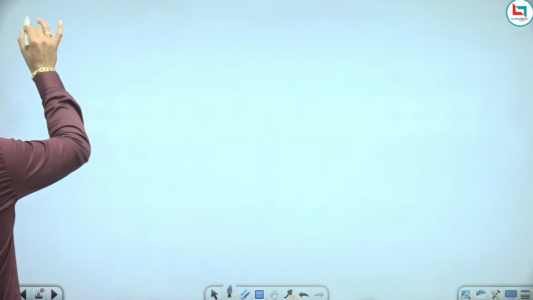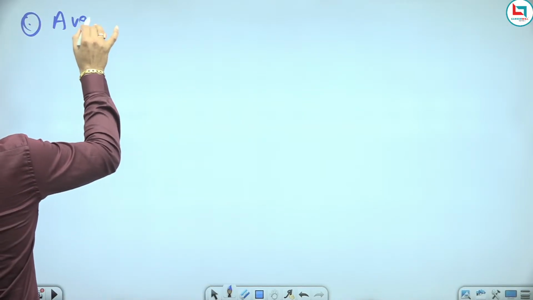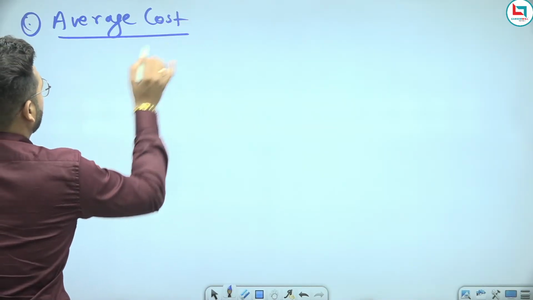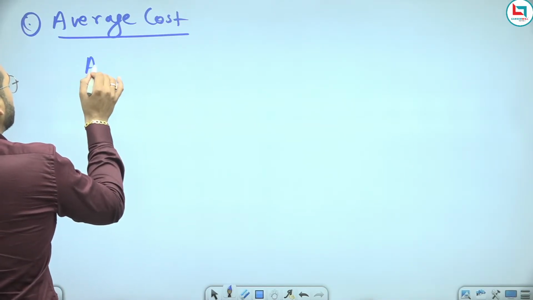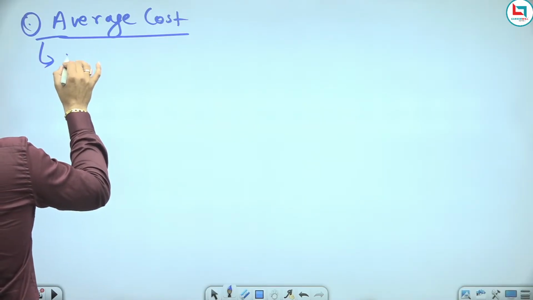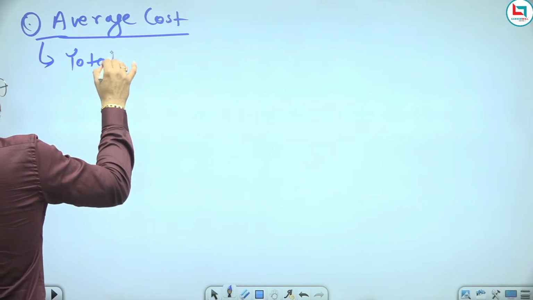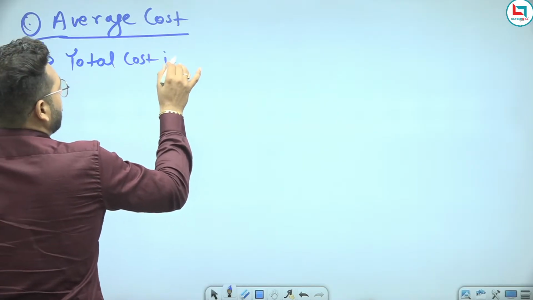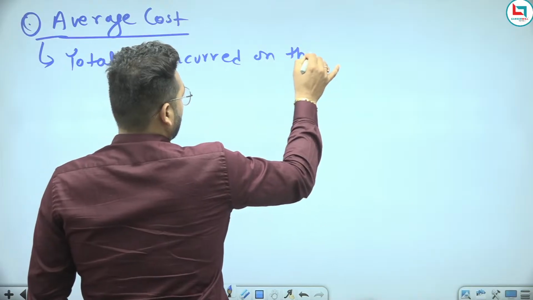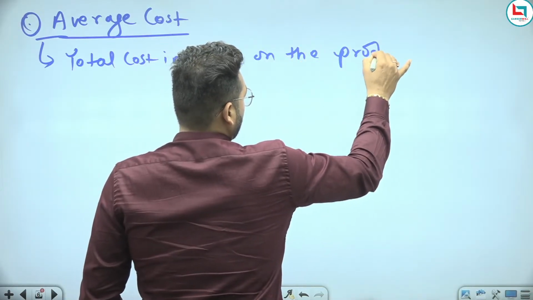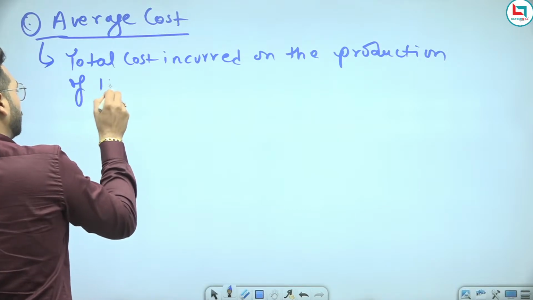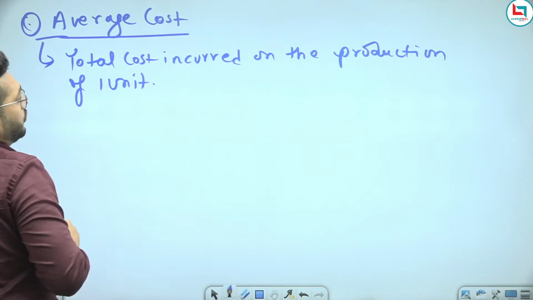Now you have to understand what average cost is. The definition: total cost incurred on the production of one unit. This is what is called average cost.